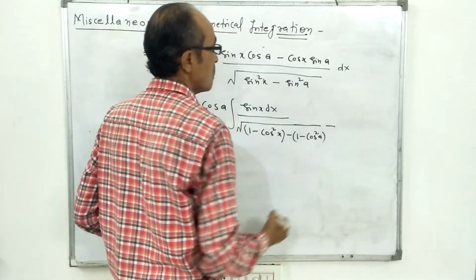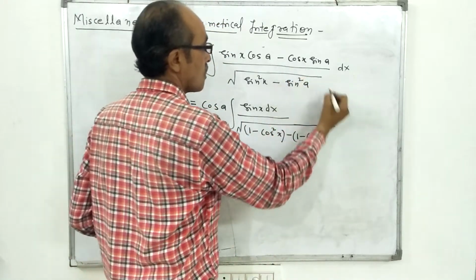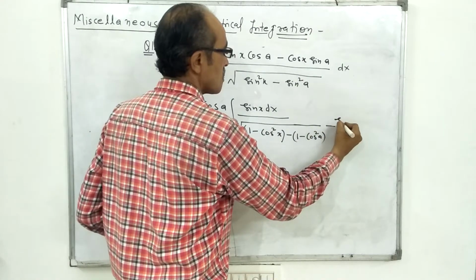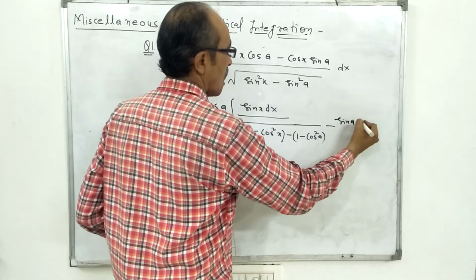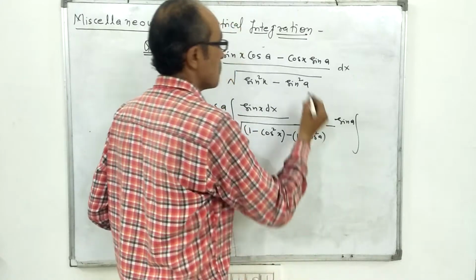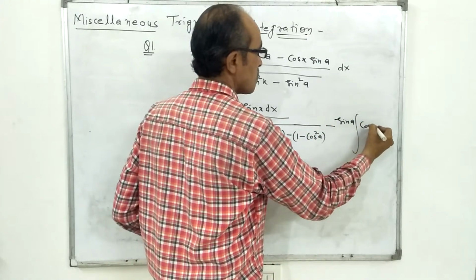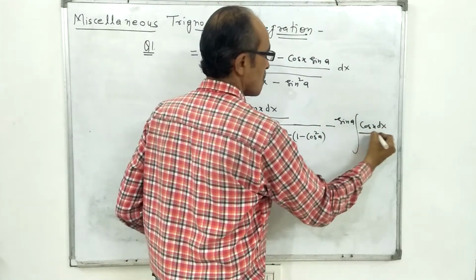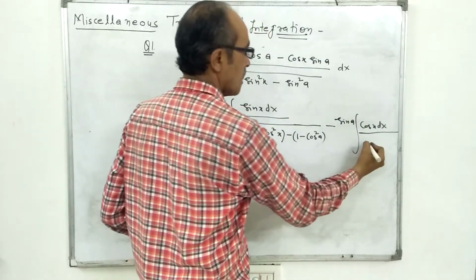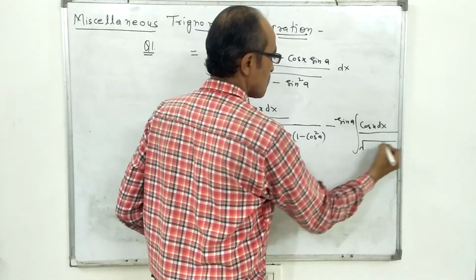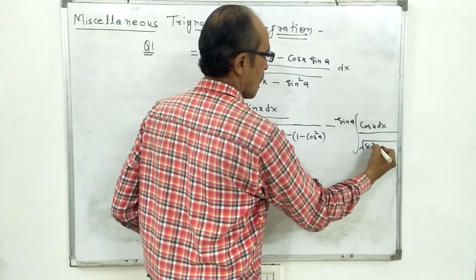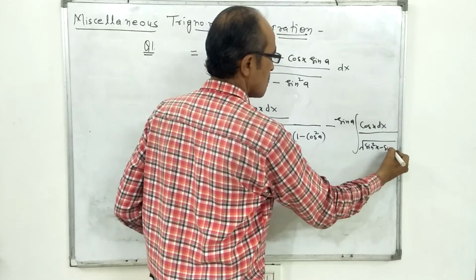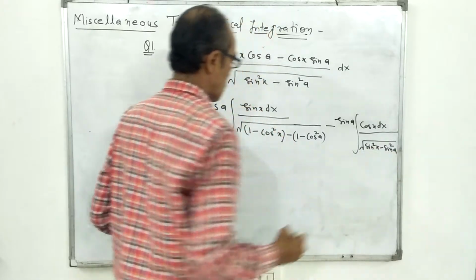The second term, sin a, is a constant, and in the integral there is cos x dx divided by the root of sin square x minus sin square a.